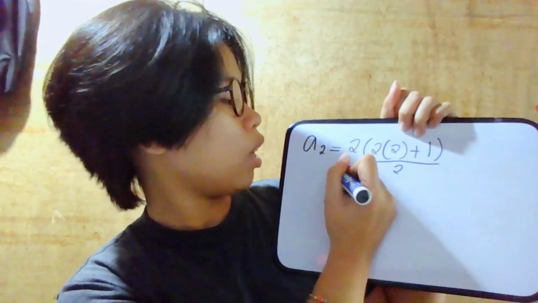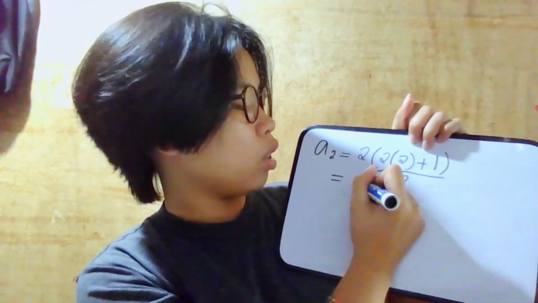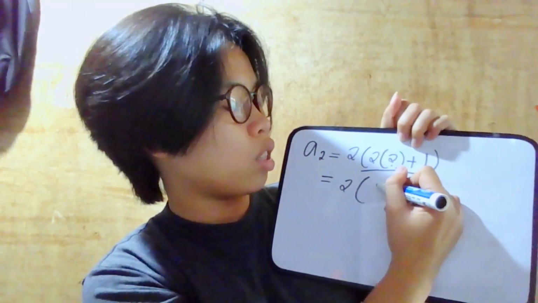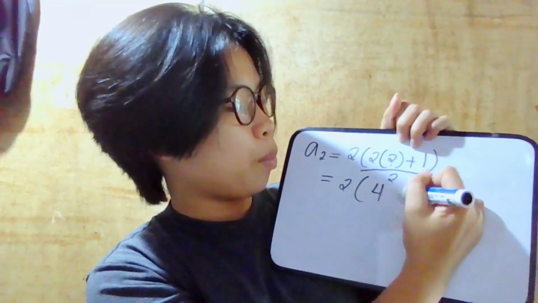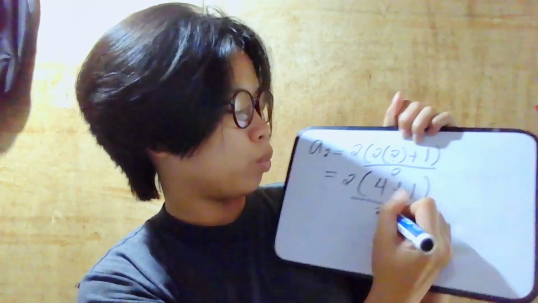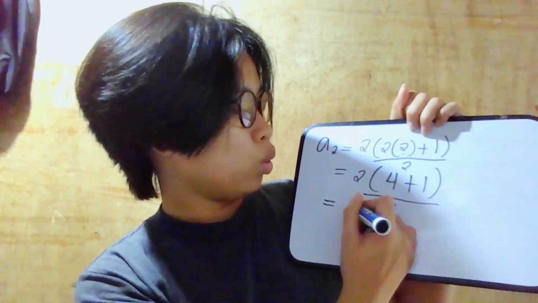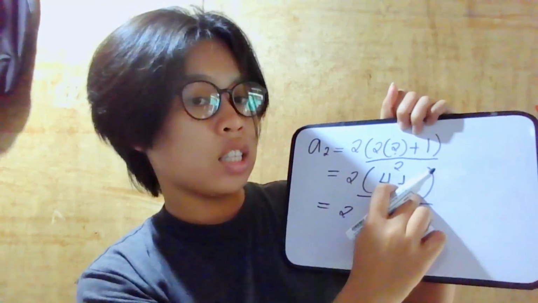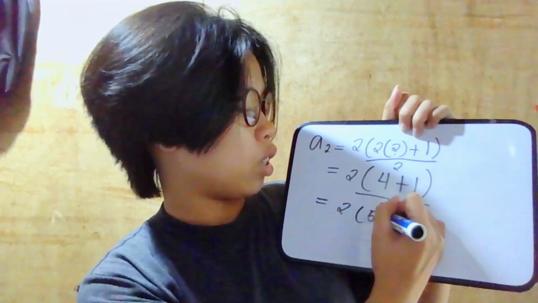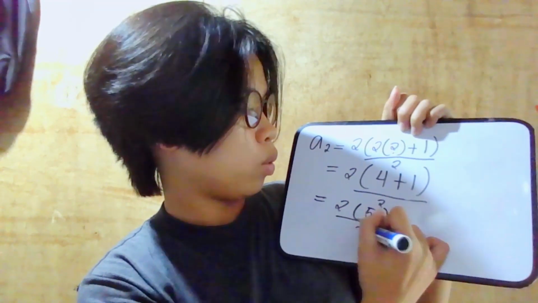So what we will do first is 2 times 2 is equal to 4. Then plus 1, divided by 2. Then 4 plus 1 is equal to 5. So it will become 5 divided by 2.